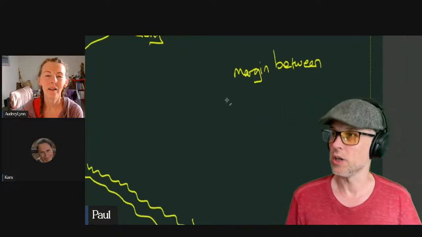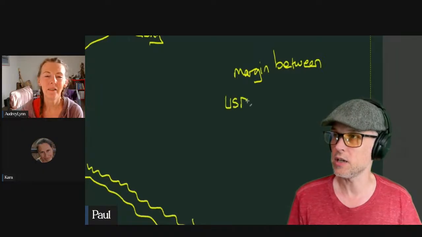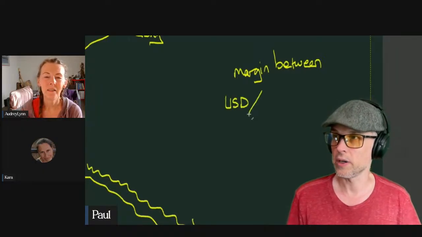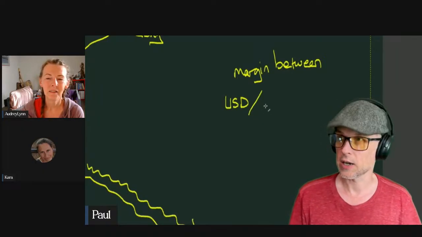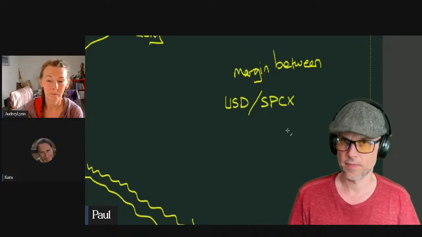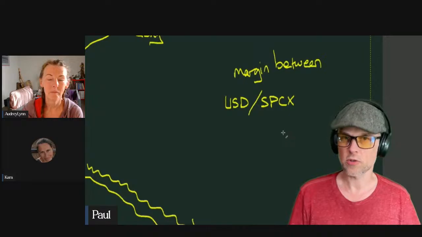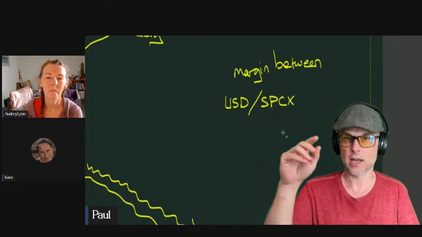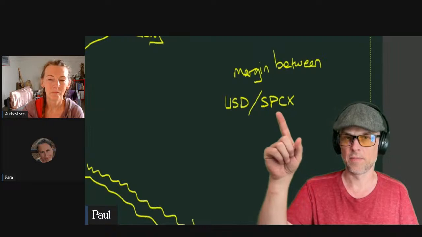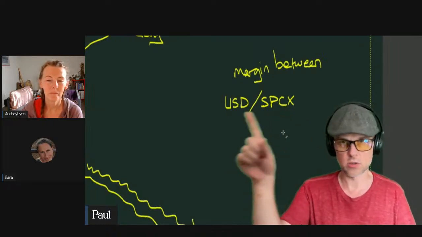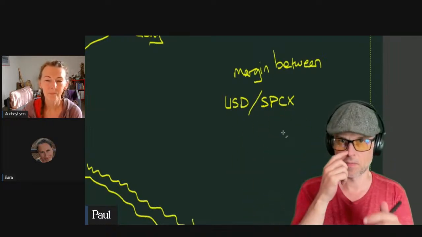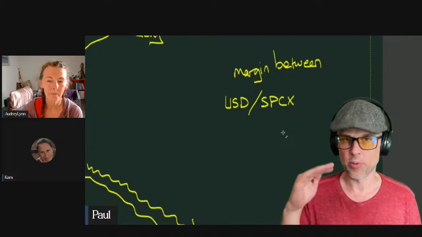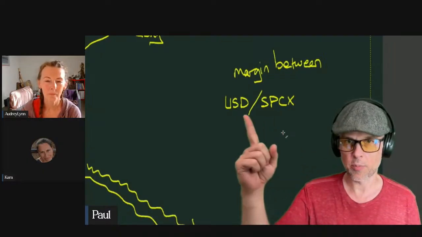So if you have USD over here, then you're going to see a slash, and then you're going to see SpaceX. Those are the two things that can go into the margin account, and you are putting one of two things into that account. You're either going to put SpaceX in there or you're going to put USD in there.